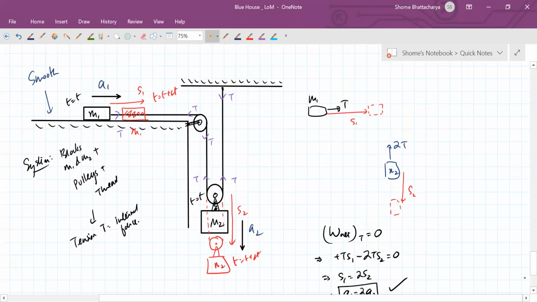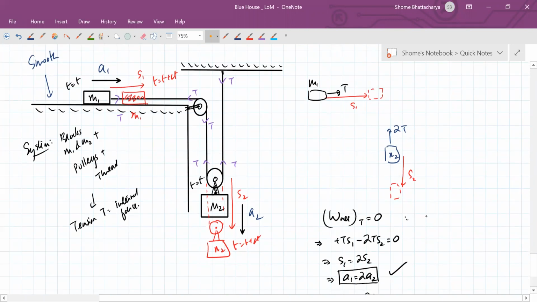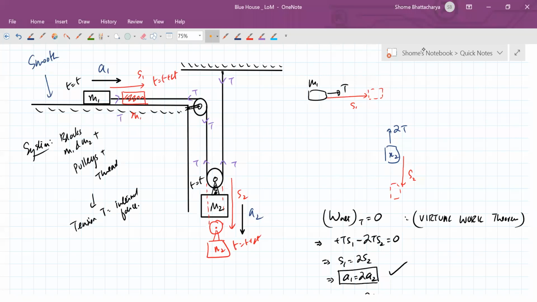So this is the other way of calculating the constraint relation using the virtual work theorem. Yes, definitely.